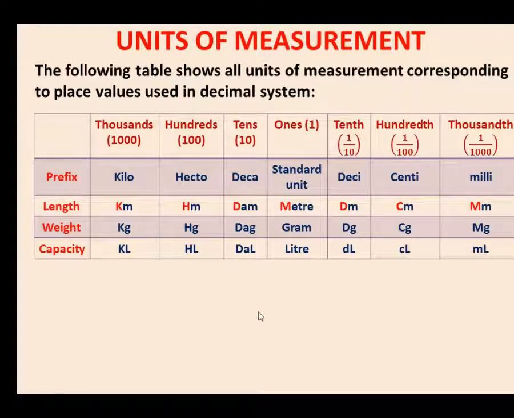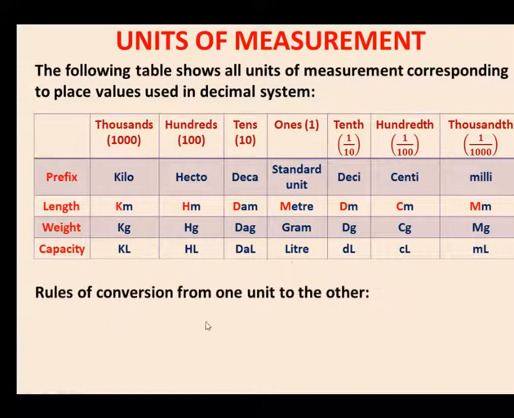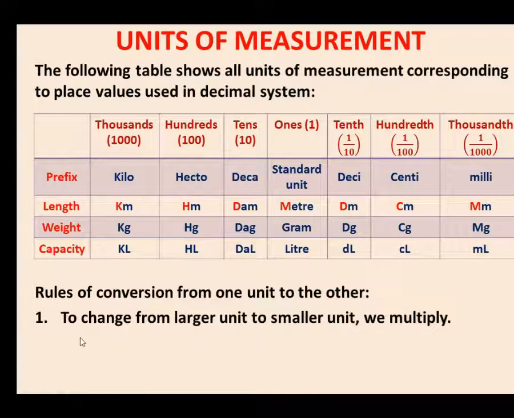Okay. The rules for conversion of units are: to change from a larger unit to a smaller unit, we multiply. If we have been given a larger unit and we have to convert it to a smaller unit, we will multiply according to the number of places we are moving.